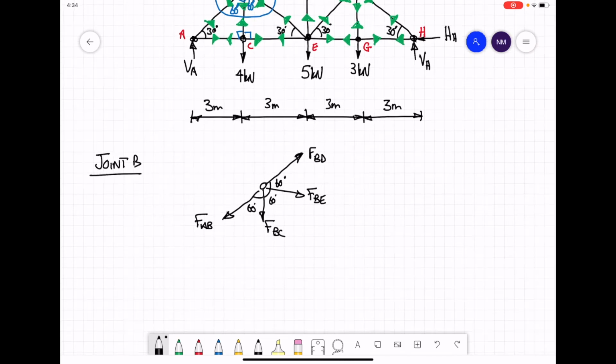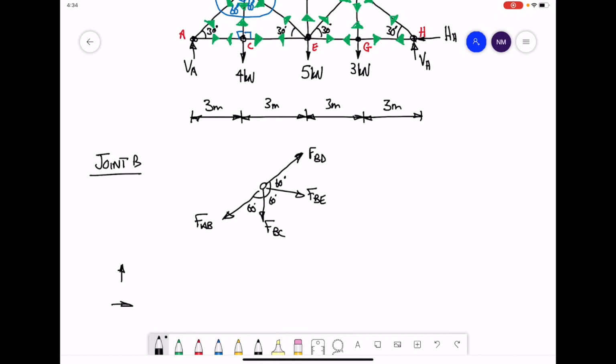To do the analysis on this joint, there's two ways we can do it. We can do our vertical and horizontal resolve on the joint as it stands. If we do that, we'll have two equations, two unknowns. However, the equations that drop out, you'll have to solve using a pair of simultaneous equations.